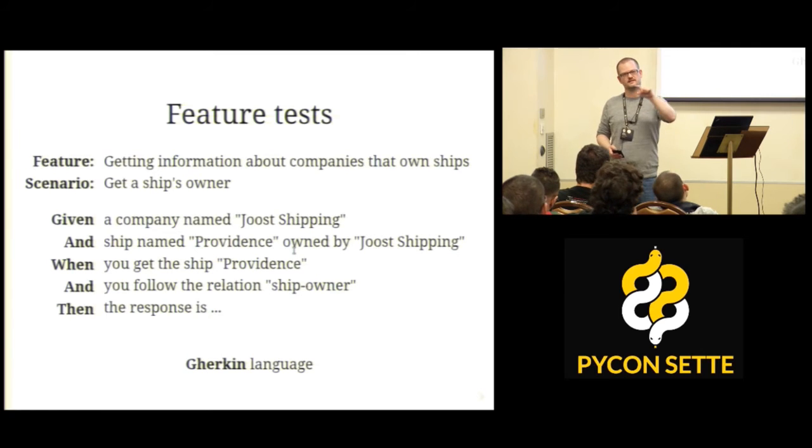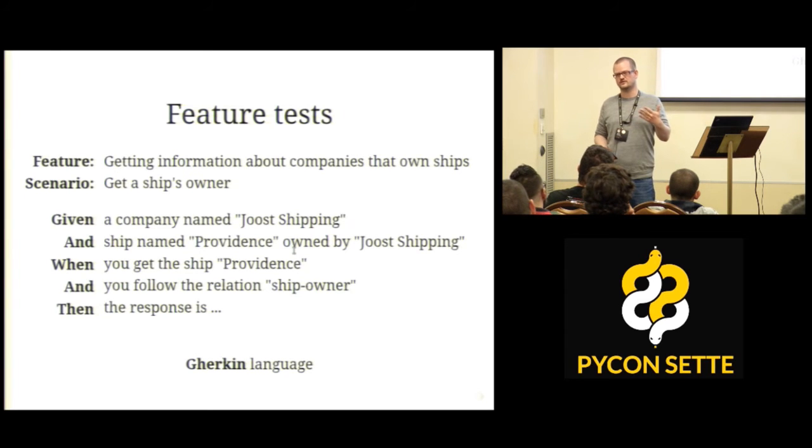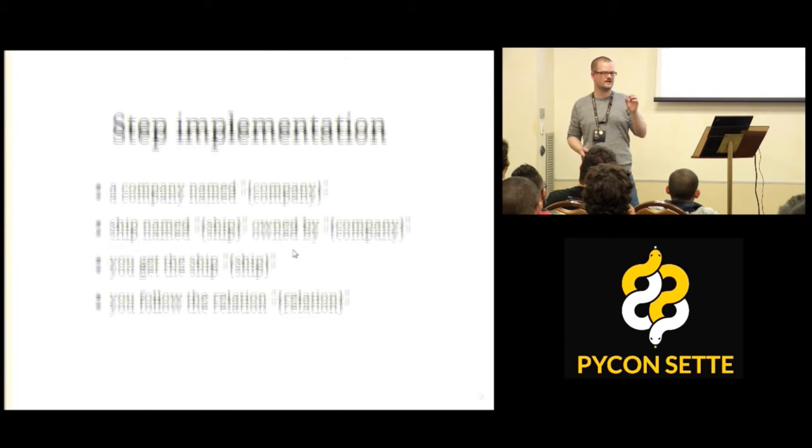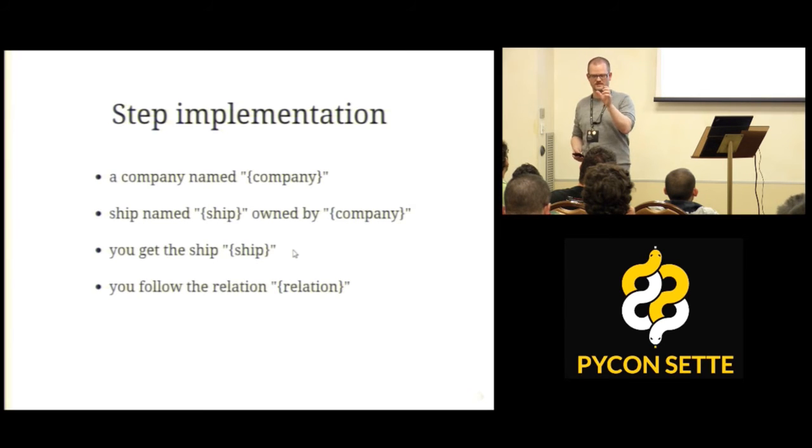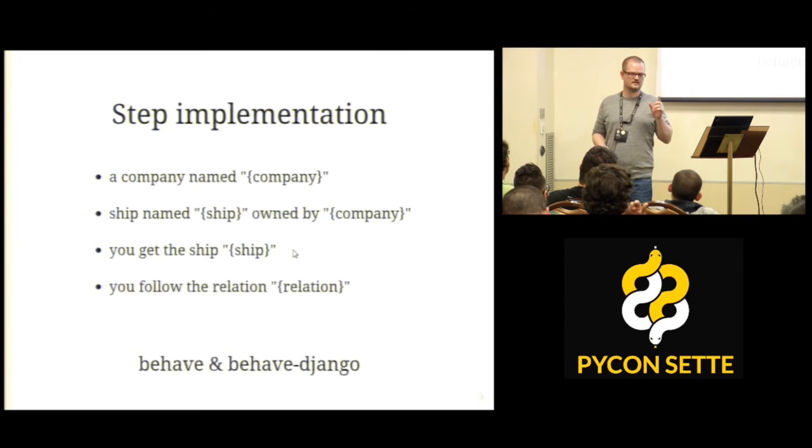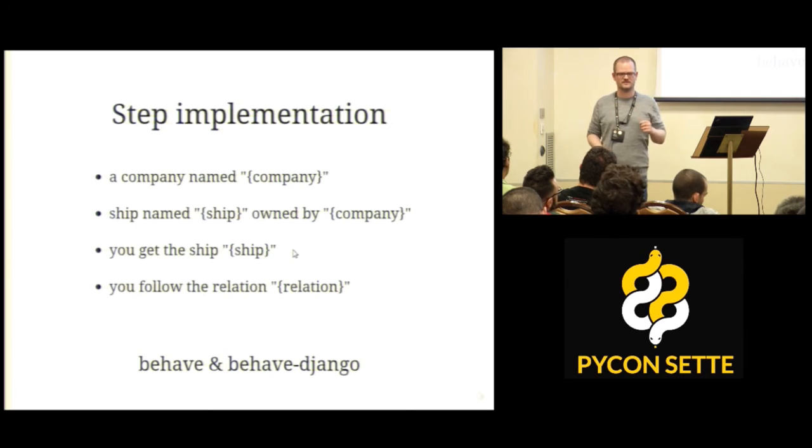Now you write these things in text, and then you of course want to execute these, and so you have to implement the individual steps, and this is what behave and Django behave gives you.